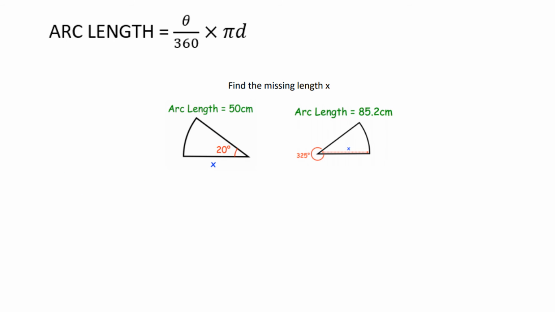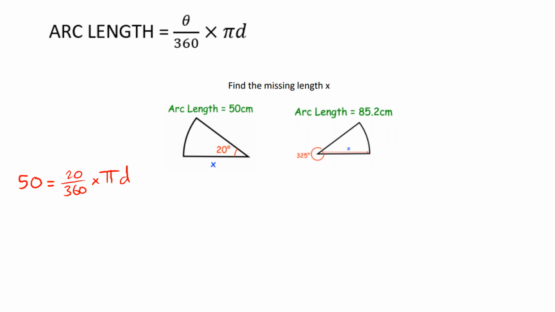So, what else can you do? Well, we can rearrange things to find some missing lengths. On both of these questions here, we're trying to find the radius of the circle. So we're going to do that by finding the diameter using the formula and then halving it to get the radius. So what do we know? Arc length, that's 50, equals theta over 360, so 20 over 360 times pi d, so times pi, and let's just leave it as d.